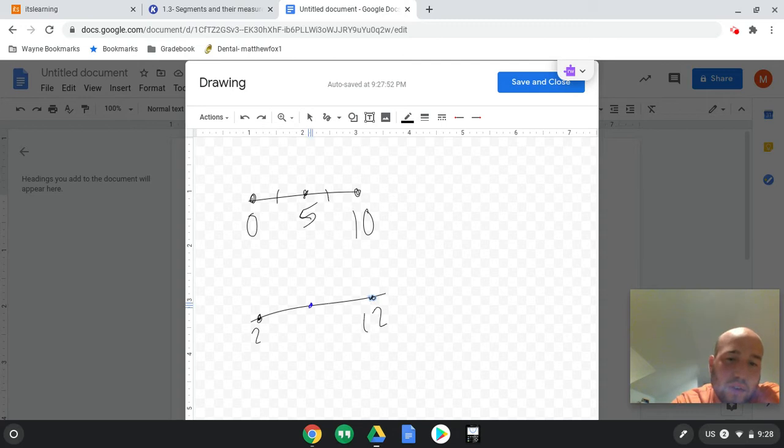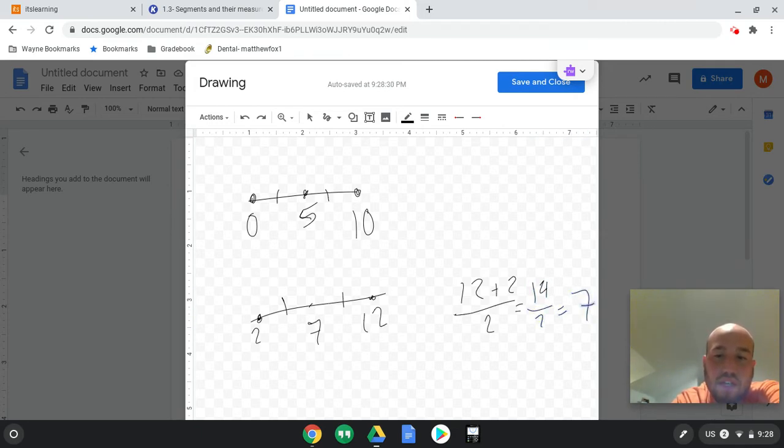Instead, our answer is here at 7. 7 is 5 away from 2 and 5 away from 12, so it's the midpoint. Now, in order to get it, we can simply add those two together, so 12 plus 2, and then divide by 2. 12 plus 2 is 14. Divided by 2 gives us 7.